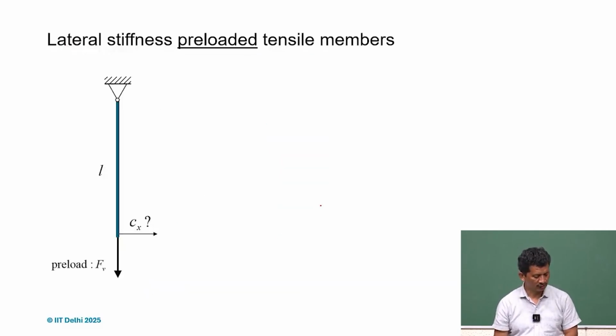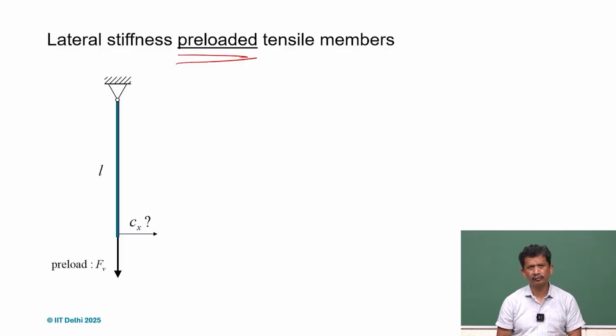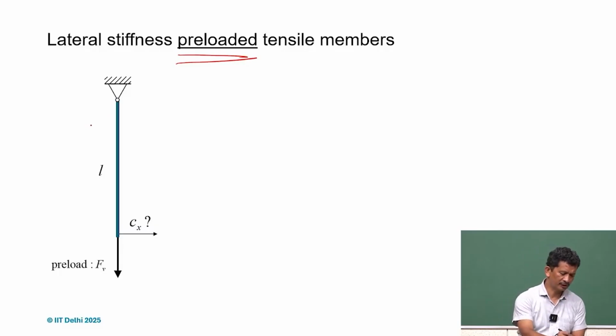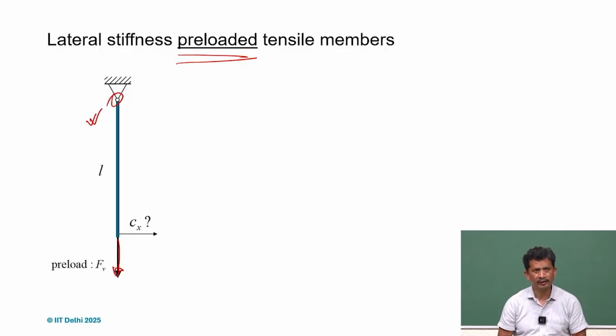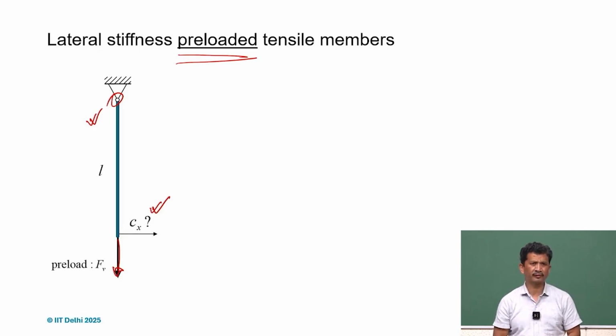Just to get some idea, preloading can also bring negative stiffness in certain directions. Suppose we take a bar hinged at this location and we apply a preloading in the vertical direction, Fb. What we may ask is, what is the stiffness in this direction, Cx, whether it's positive or negative.